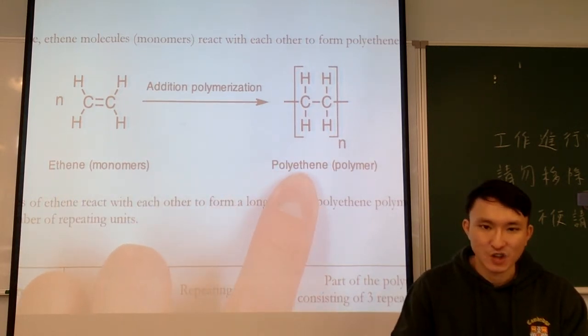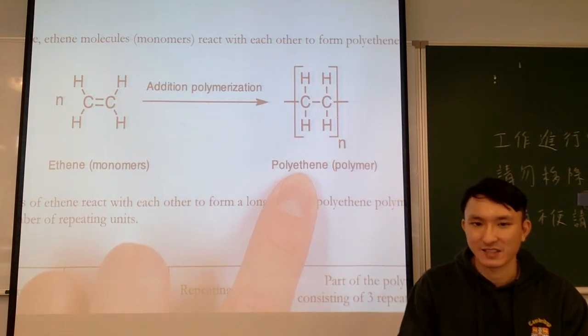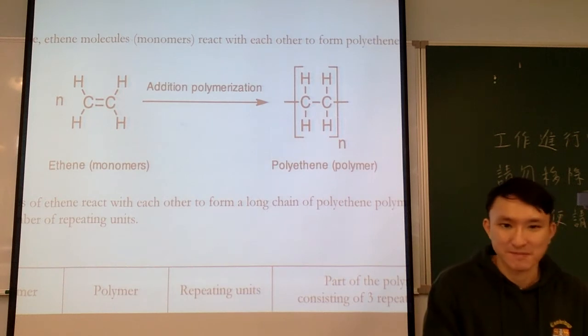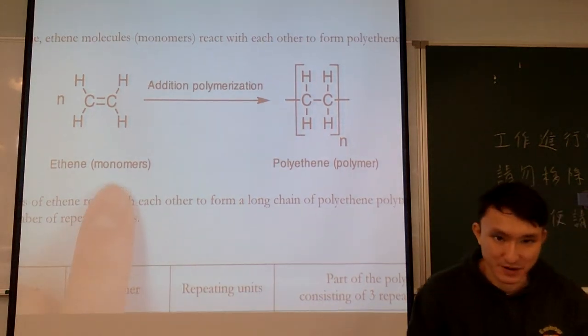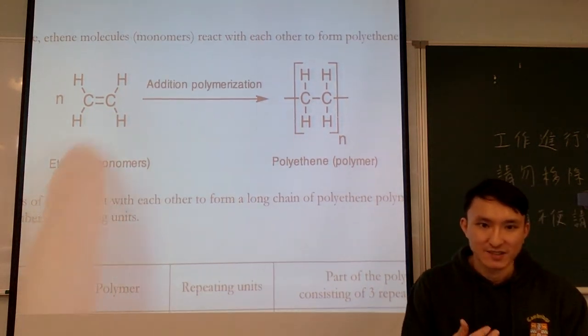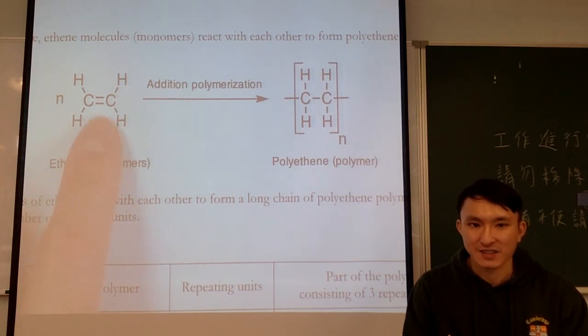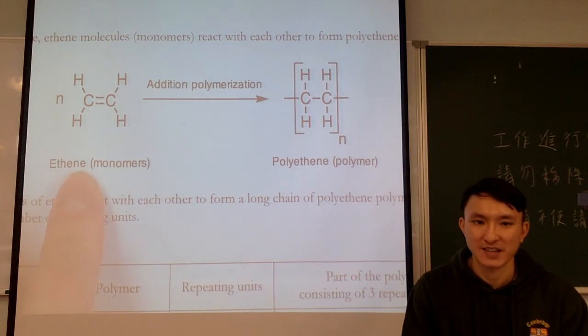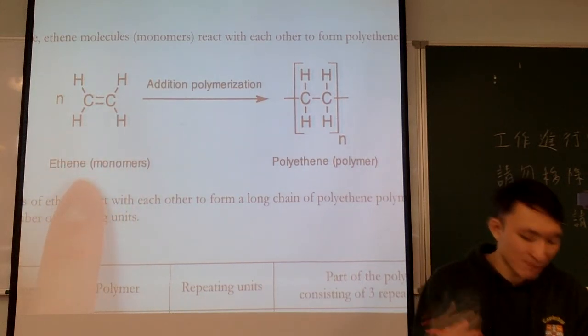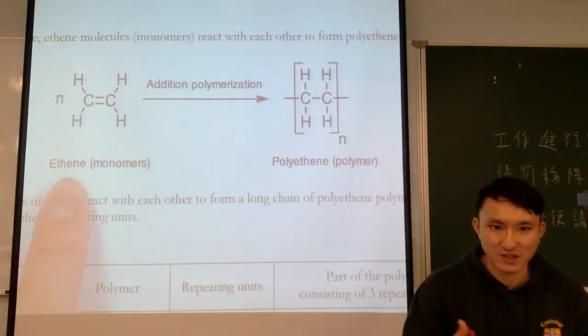There are a couple of things, step by step. First of all, I want you to know the name. The monomer usually has the same name as what we usually name the organic compound, the IUPAC systematic naming. So this one is ethene.